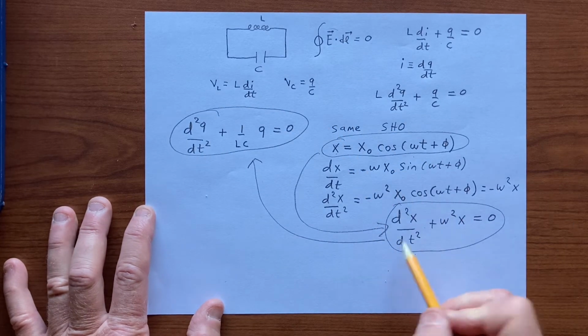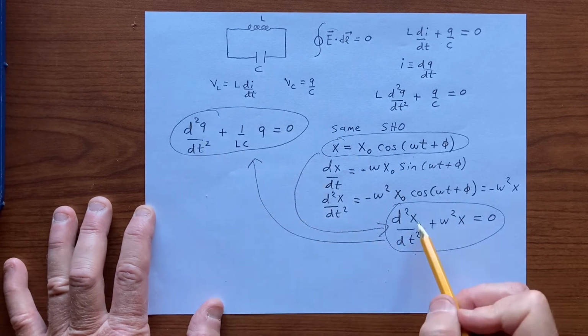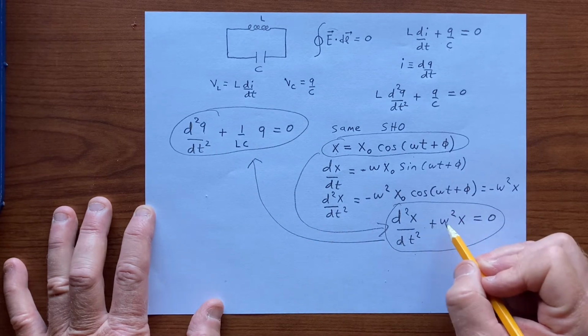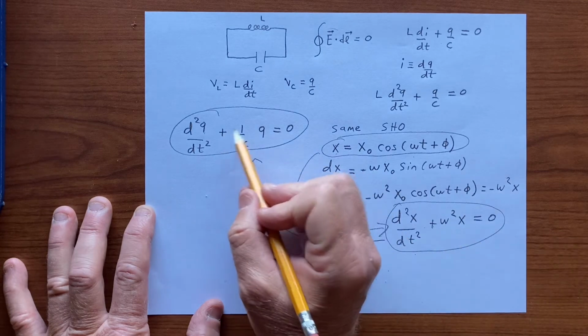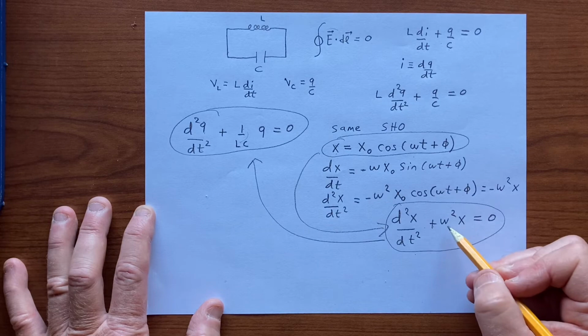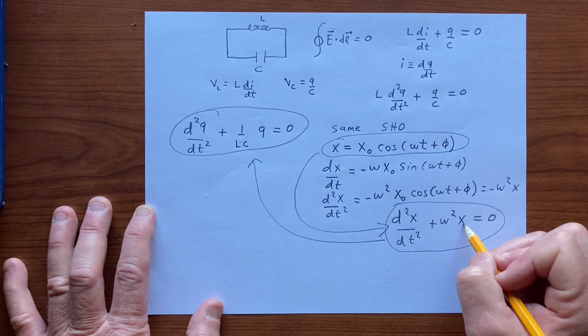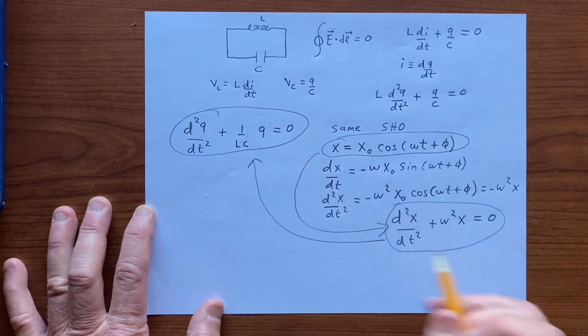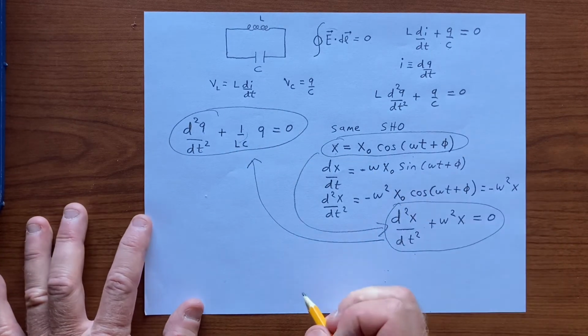It's two time derivatives of some quantity. In this case, it's position x. In this case, it's charge q, plus some constant, right here 1 over LC, and here omega squared. These are just two constants in front of the quantity itself. In this case, it's the position. In this case, it's the charge. So the solution here can be just read off from this.